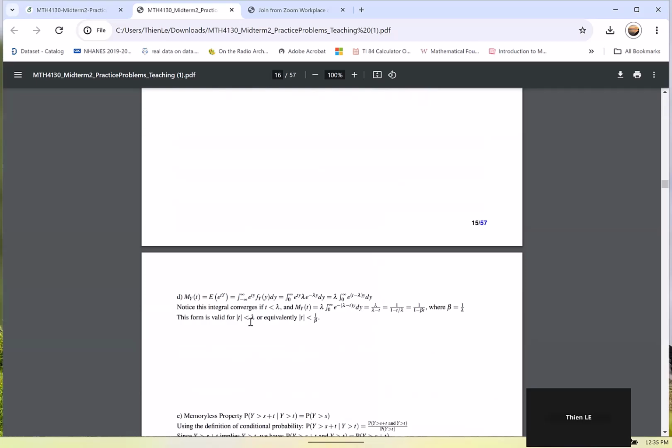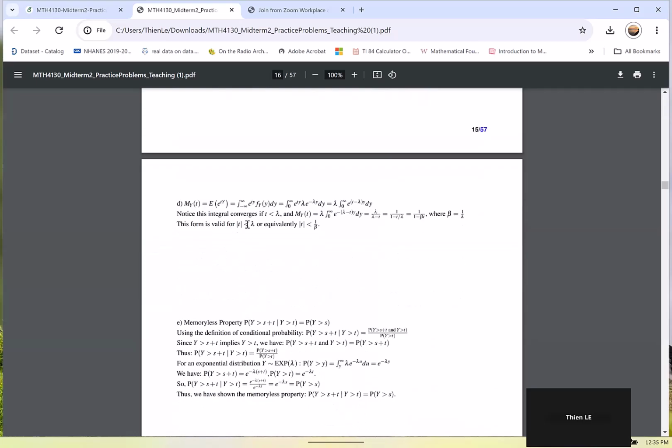And for the moment generating function, basically you just plug in here, right? And plugging in here, it now becomes a nice established form, which means from that you can get the moment generating function. So basically it will be this, right?